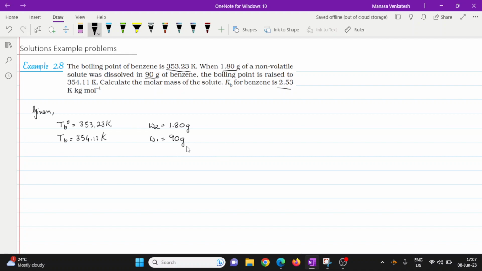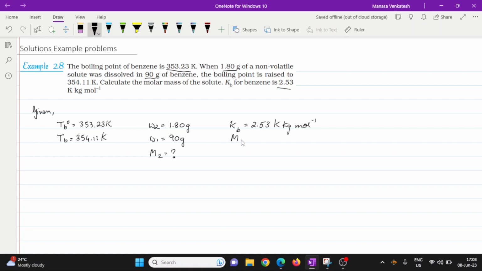Now we need to calculate the molar mass of the solute. So we need to know the value of M2, and we have the value of Kb for benzene, which is 2.53 Kelvin kilograms per mole.